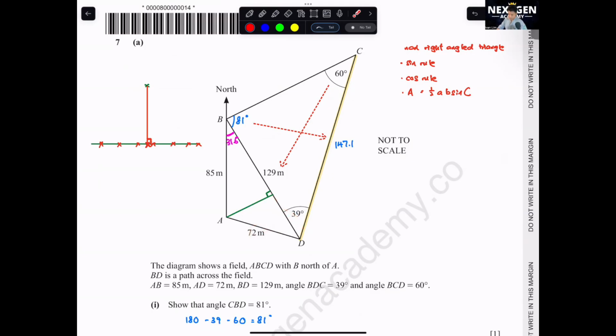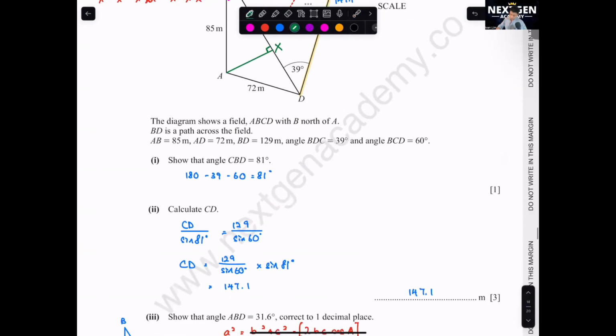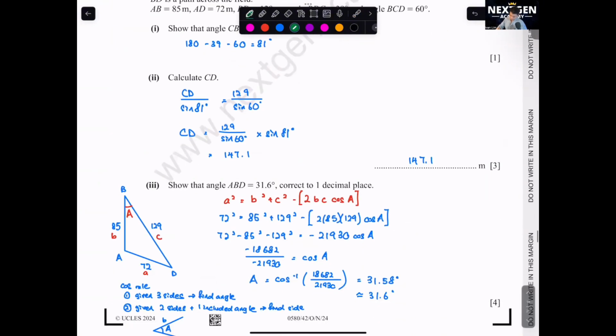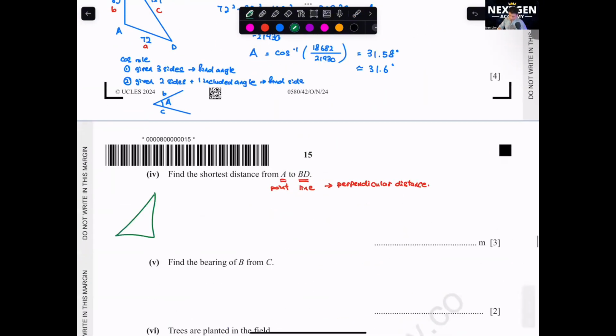So we will use this triangle AB. Let's give a name over here. Let's call this X. ABX. This is a triangle that we're using. I'll draw it out first. ABX. A, B, X. Over here will be 31.6. Then here is 85. We want to find what is AX.